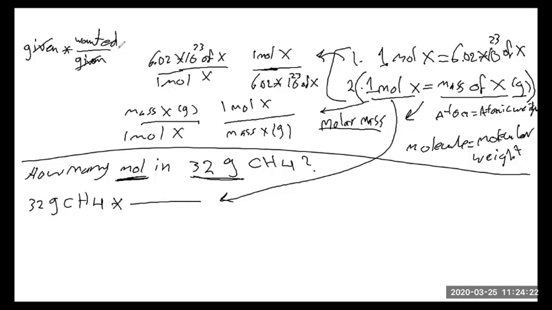The mole. So you put 1 mole CH4. What about the mass? You put it in the bottom. It's 12 plus 4, which is 16 grams CH4. Do the math. 32 divided by 16 gives you 2 mole CH4. You get it?